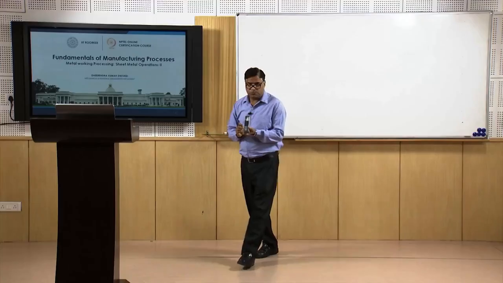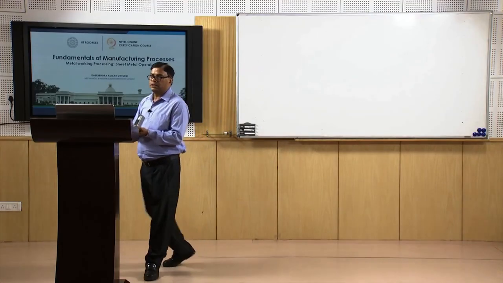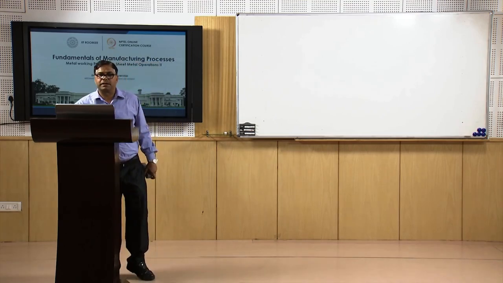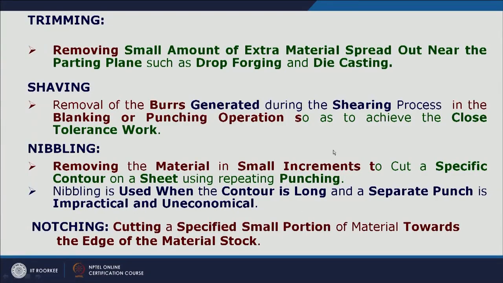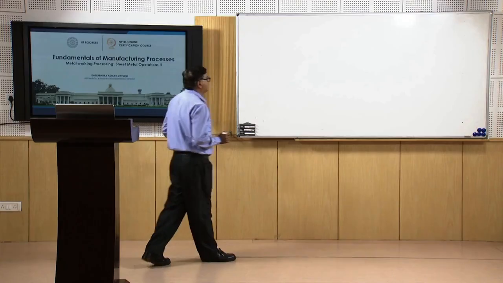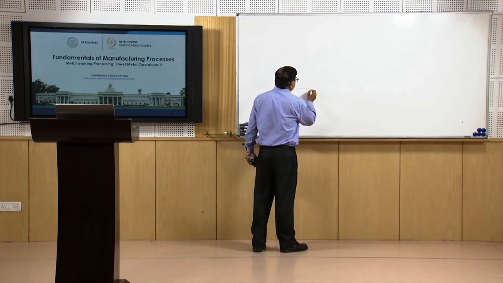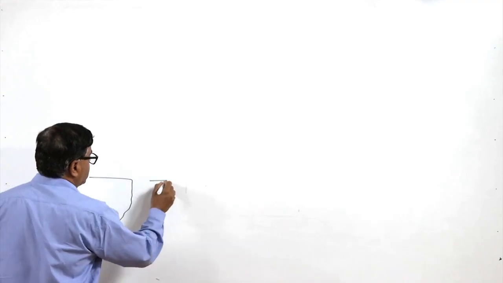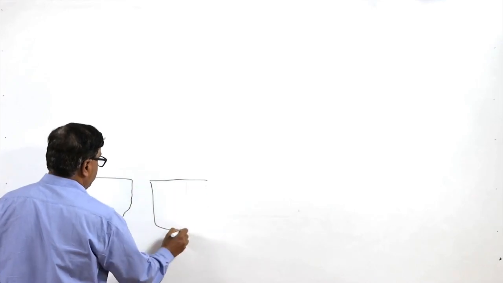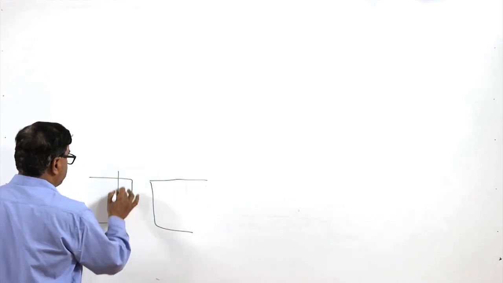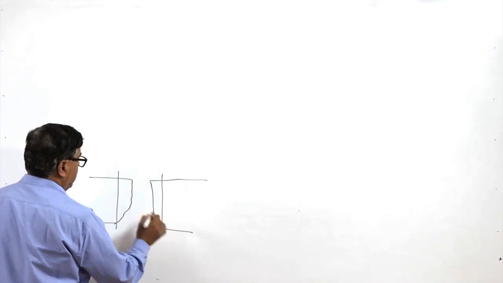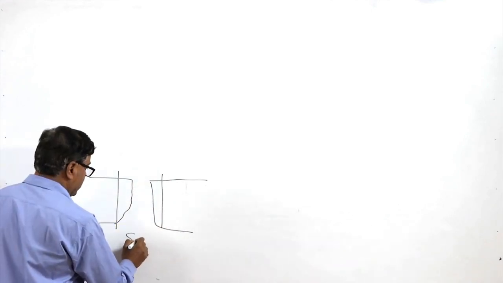So these are the operations which have been shown in these diagrams. Shaving is another one, where the normal sheared surfaces have a rough edge like this. In order to make the edges very clean, shaving is carried out.